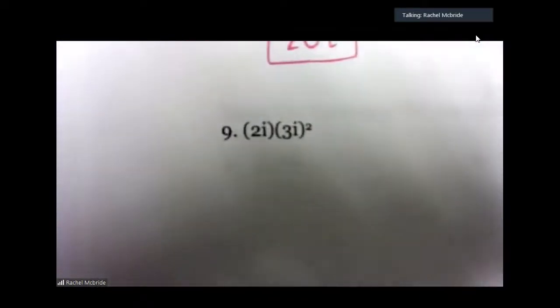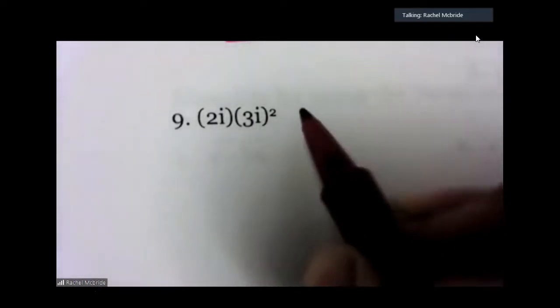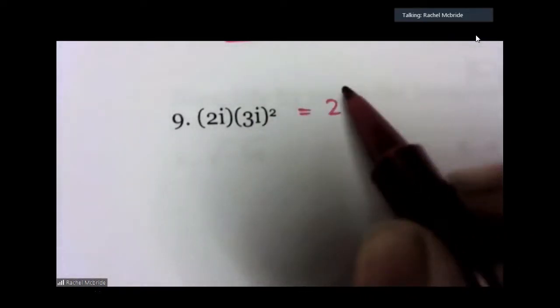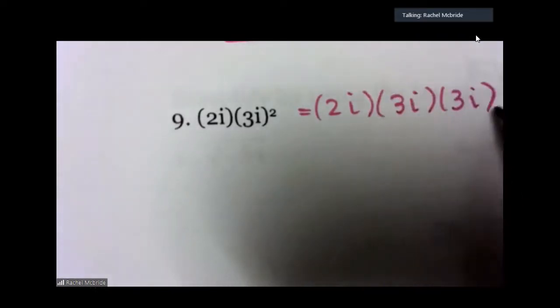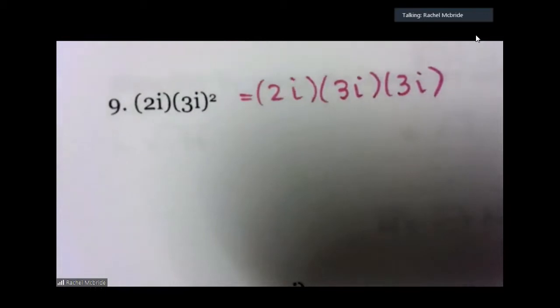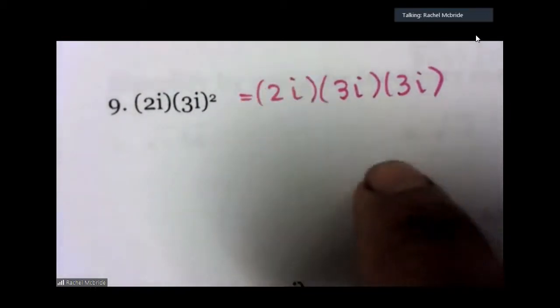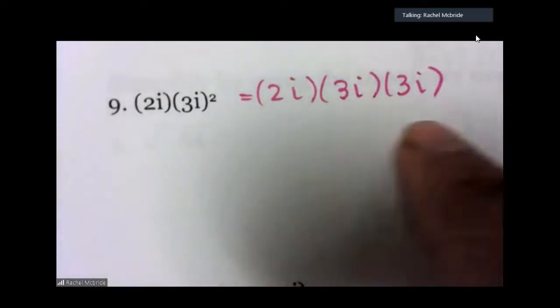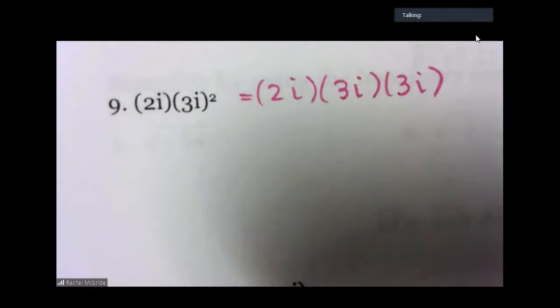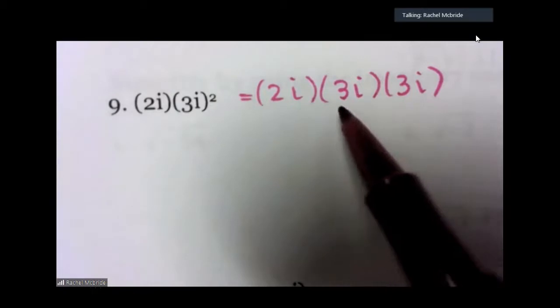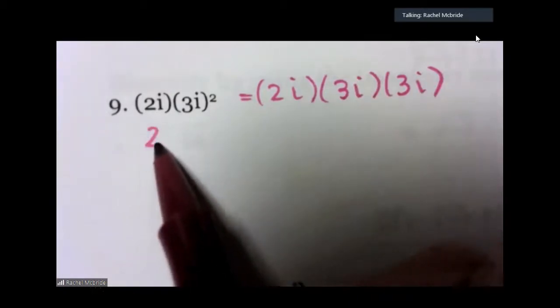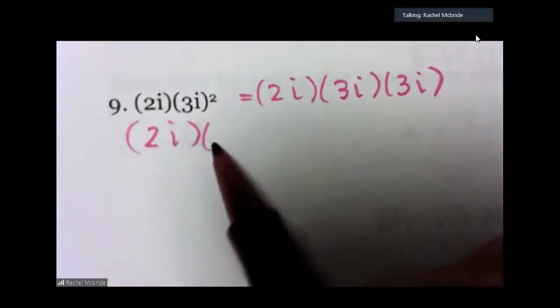All right, number 9. This problem is really like 2i times 3i times 3i. Because it's 3i squared, so it really just means you have 3i twice. So you can multiply as a square, or you can multiply and multiply.